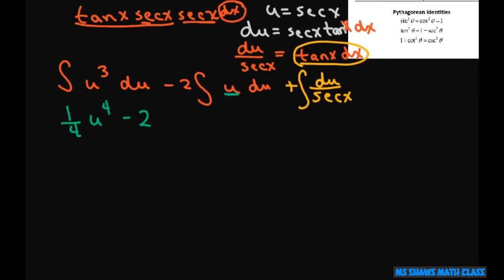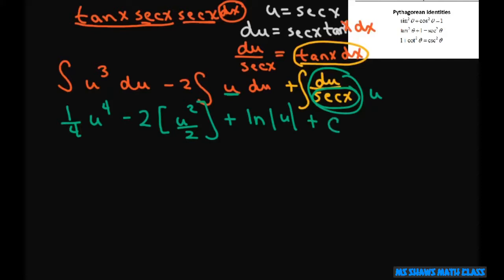So minus 2, and this is going to be u squared divided by 2, plus, and this piece is going to be ln of secant x, and secant x is just u. So ln of u plus c.